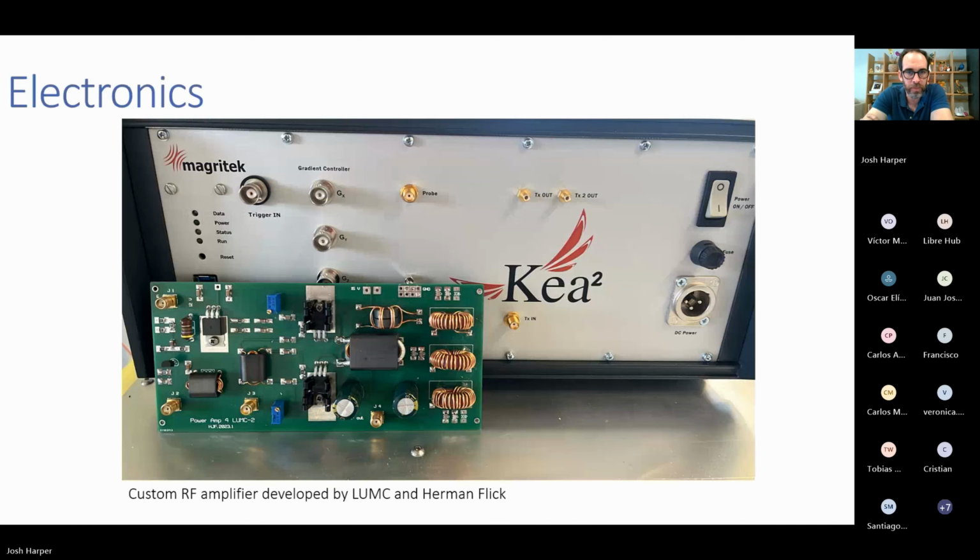And then of course we're still using the Magritech as our spectrometer, and we've got this custom radio frequency amplifier, which is part of the open source imaging community. It was developed by Herman Flick with Tom O'Reilly at Leiden University Medical Center. And it works just fine for us.